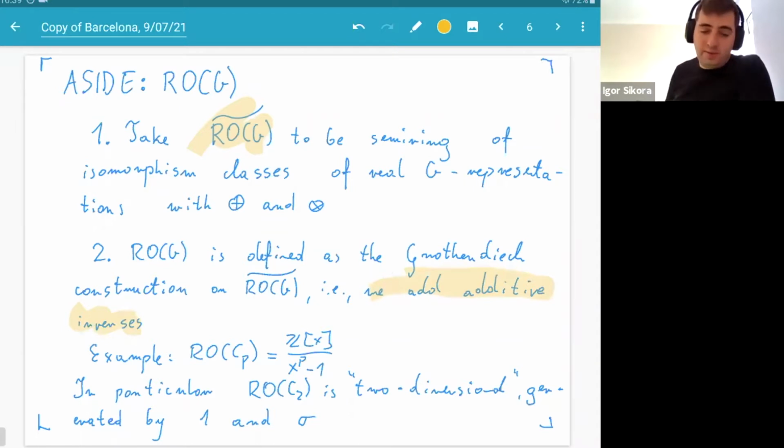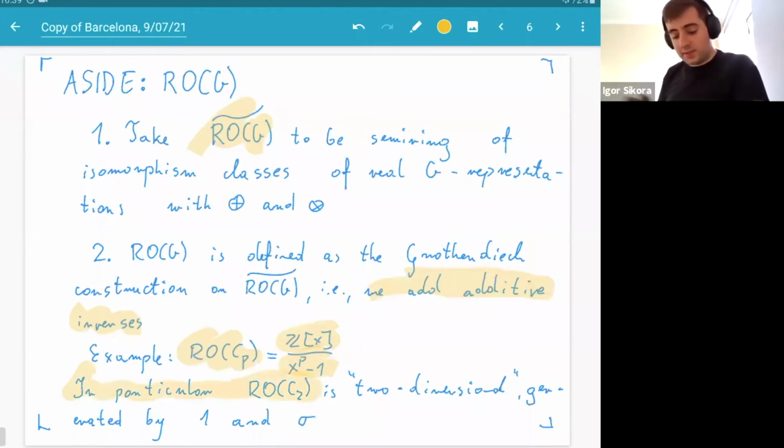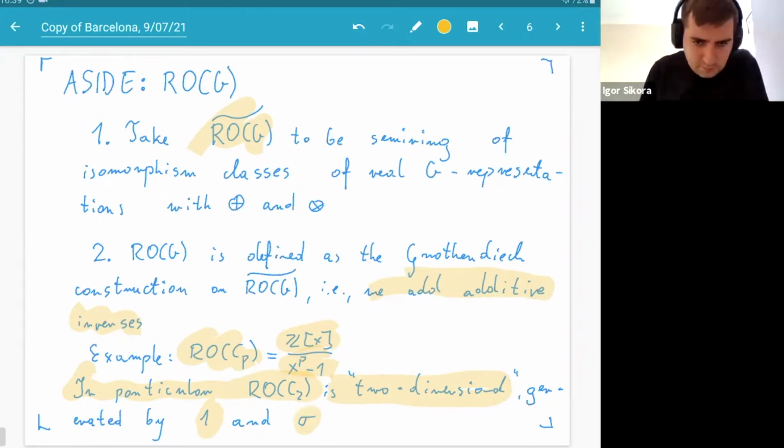For example, the ring of representations of the cyclic group of order p is a polynomial ring divided by the polynomial x to the power p minus 1. And in particular, RO(C2), the ring of representations of the cyclic group of order 2, is two-dimensional in the sense that it is generated by the class of the trivial representation, denoted by 1, and the class of the sign representation, denoted by sigma.